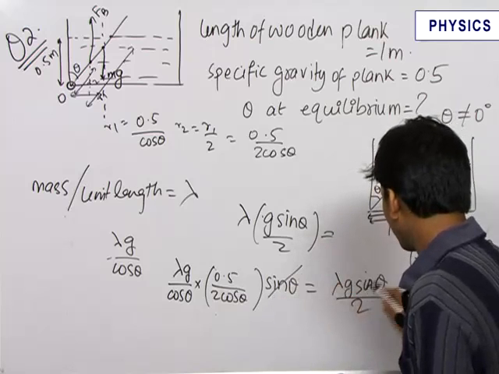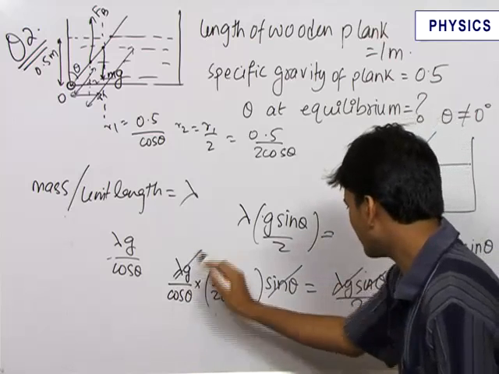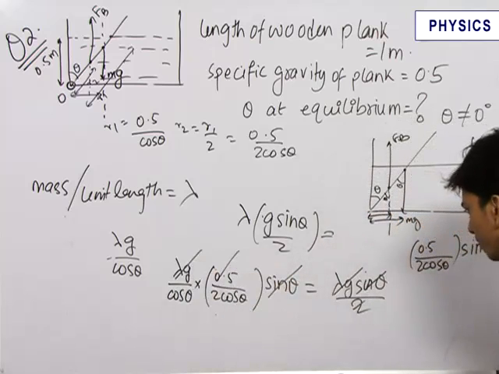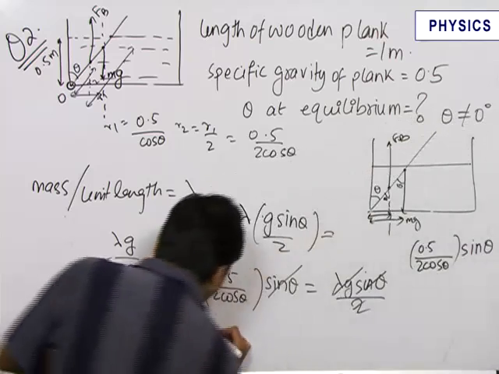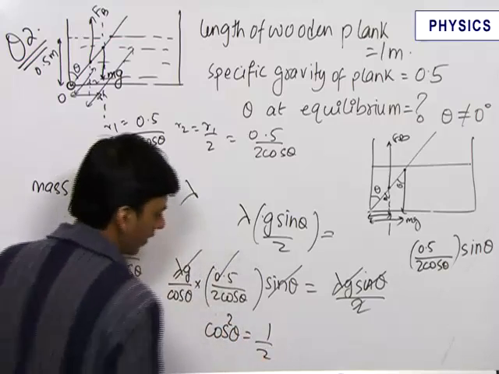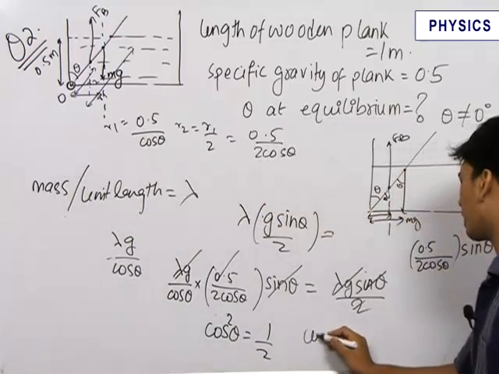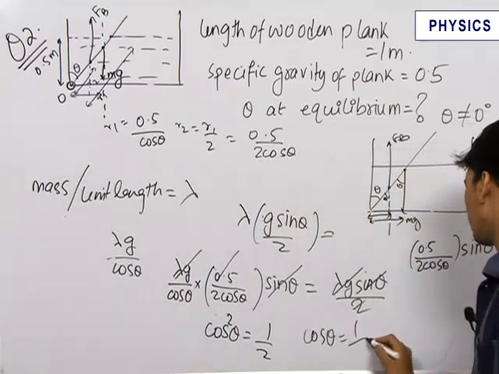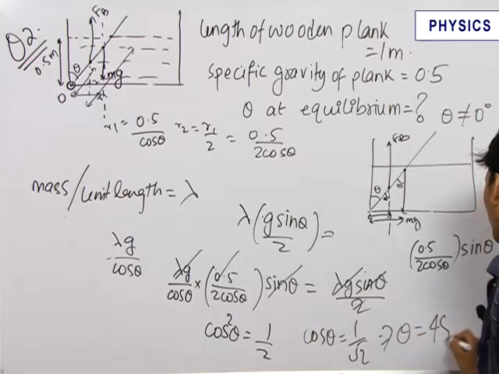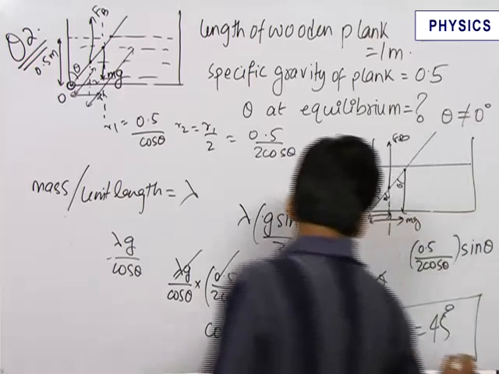So sin theta cancels, lambda g cancels, and 0.5 cancels with 2. So we get cos square theta equal to half. Therefore cos theta is equal to 1 upon root 2 and theta is equal to 45 degrees.